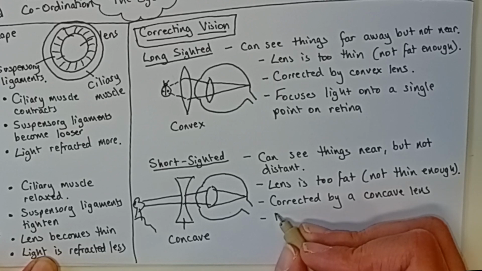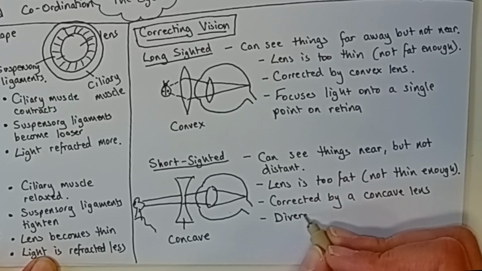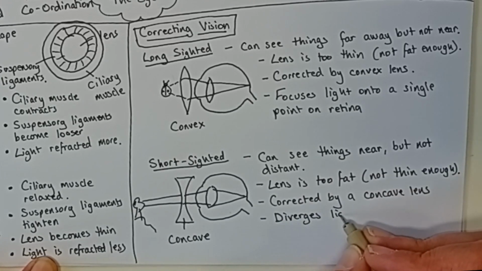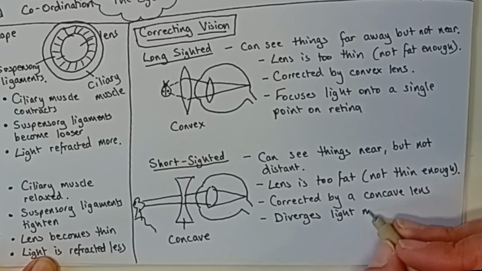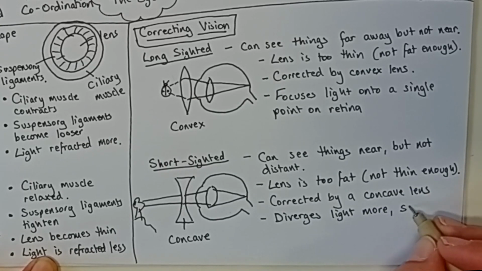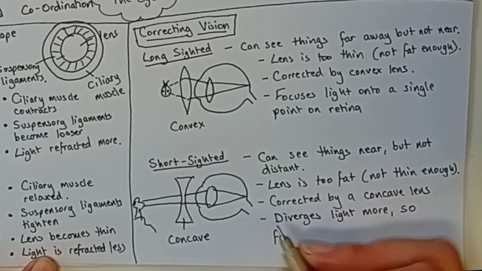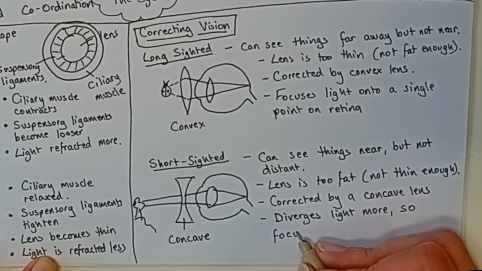Which diverges the light. So it can focus once again on a single point on the retina.